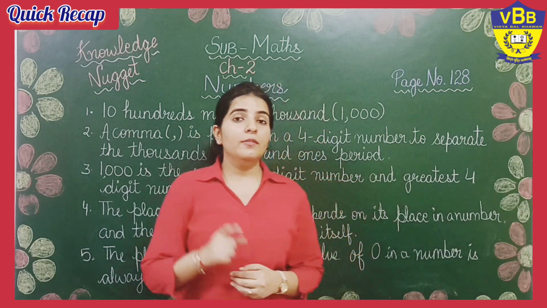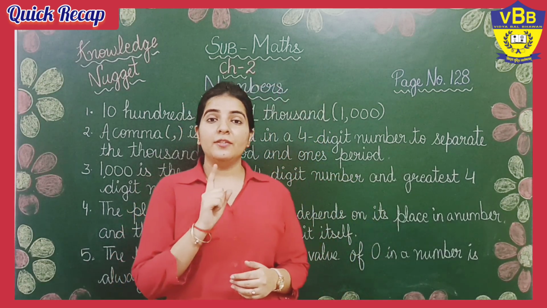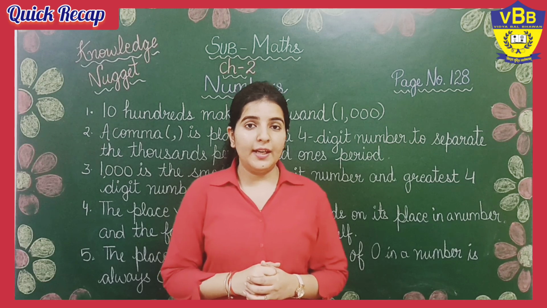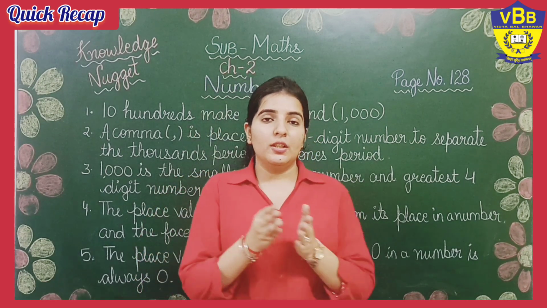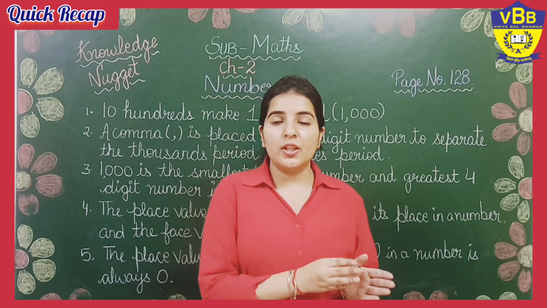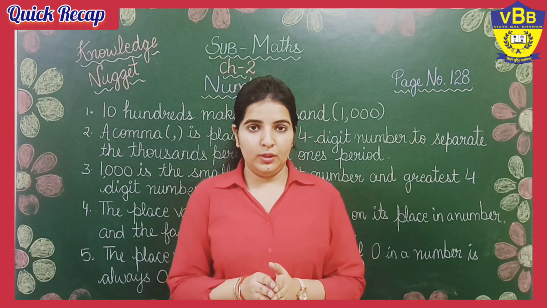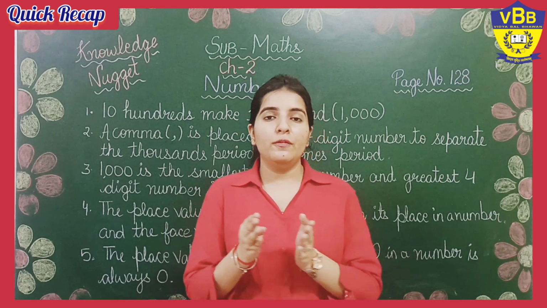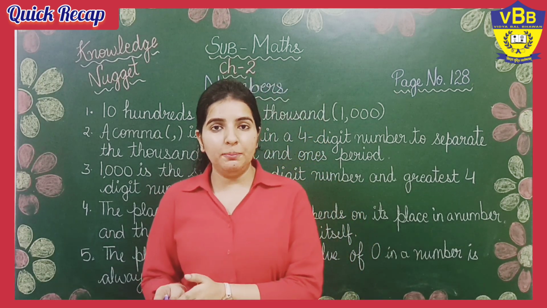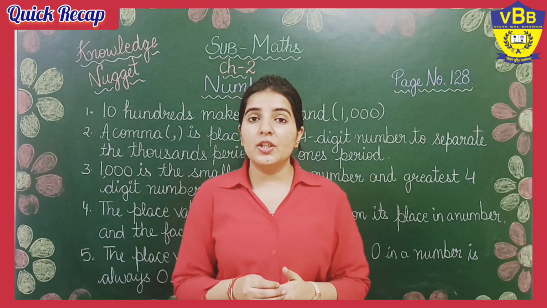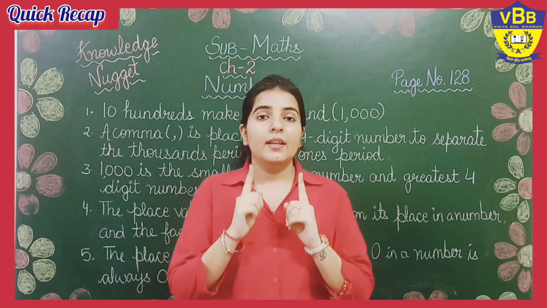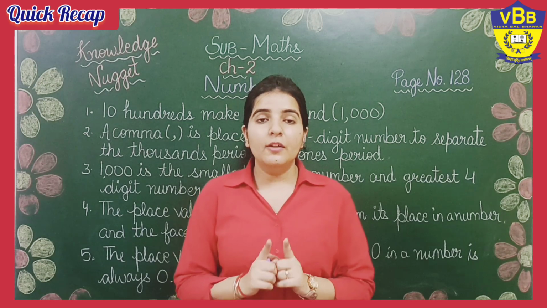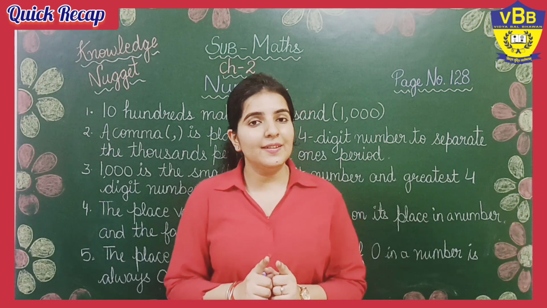If you remember, we did a place value and face value activity also, right? When we change our place, the position, we are changing the value also. When we change the place of a number to another place, then we are changing its value also. But the face of the number will always remain the same.